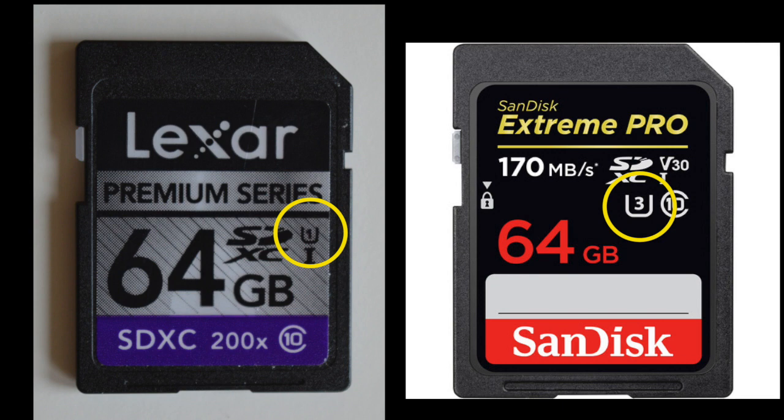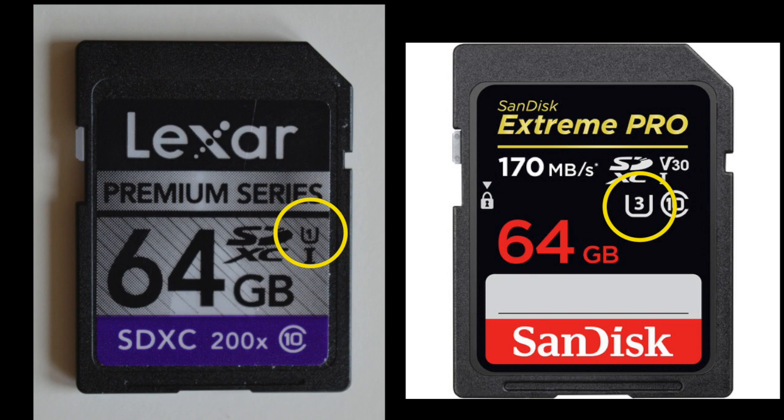In addition to those 4 classes, there's also 2 other classes that have been around for a few years now, and they are ultra high speed classes, and you'll find this marked as UH, and they are classes 1 and 3. Something to keep in mind about these classes is these classes talk about the write speed, and the write speed determines what kind of SD card you need.